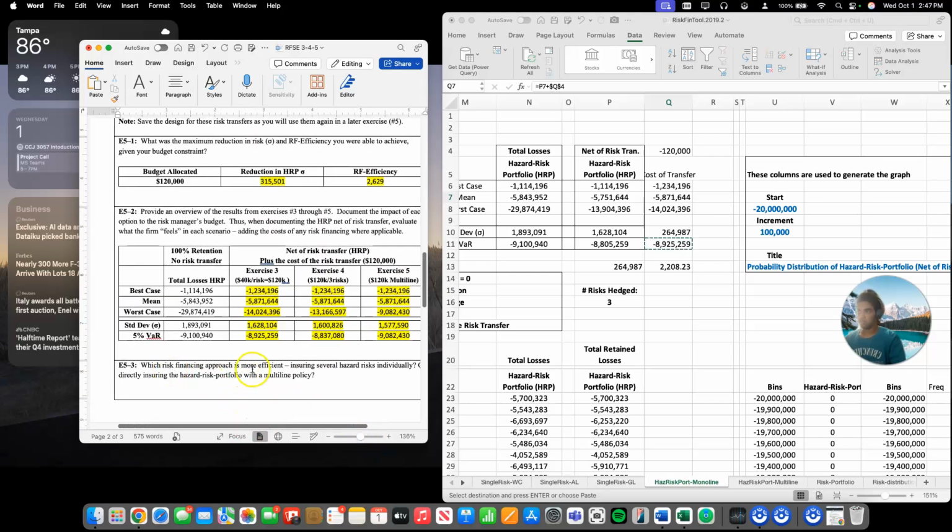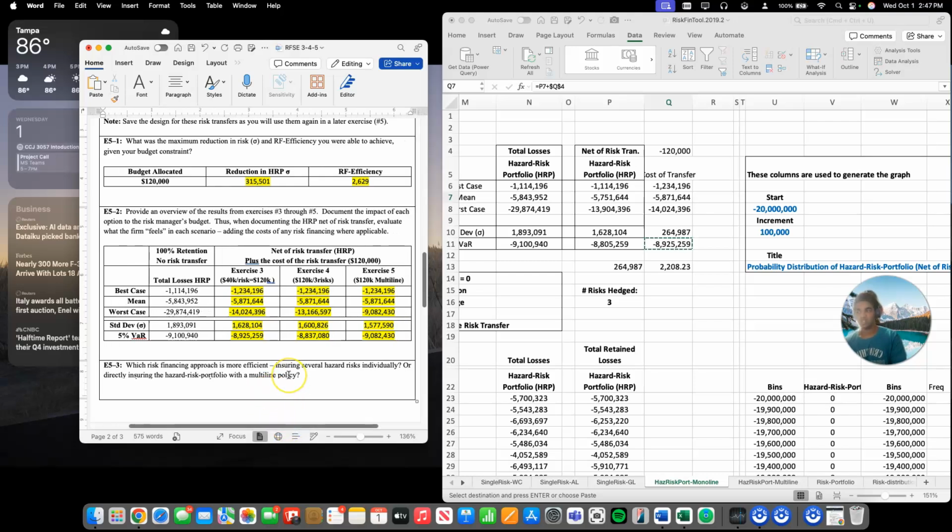Which risk financing approach is more efficient? How do we know, based on all this number calculation, that what we did was efficient or not? If we look at the standard deviation, the lower the standard deviation, the less volatile the impact of loss will be on our firm. From exercise 3, when we had 40,000 per individual risk, we had a 1.62 million standard deviation.